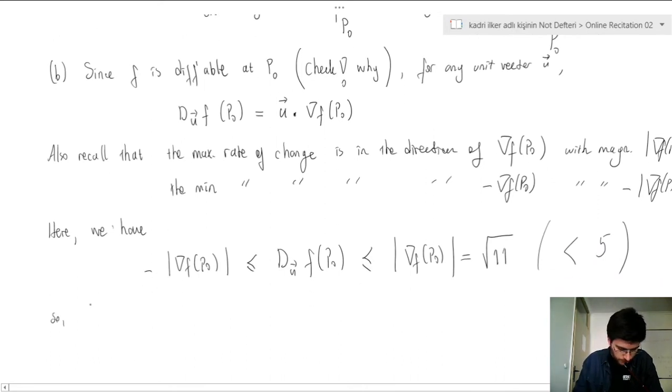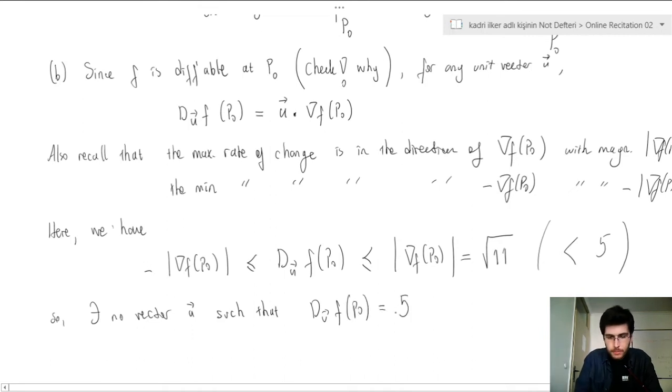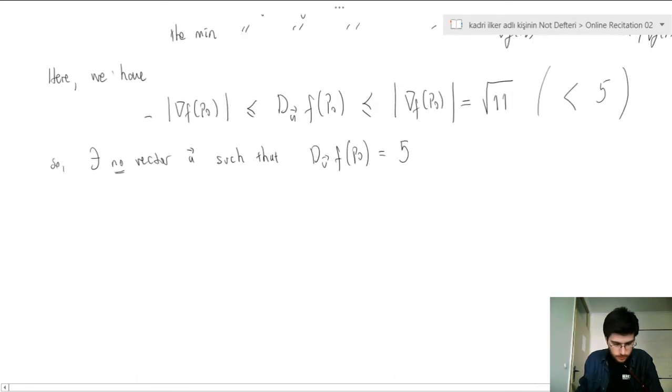So there exists no vector u such that du f at p0 is 5, because the maximum value is square root 11. Fine, but for part C, there could be a vector.